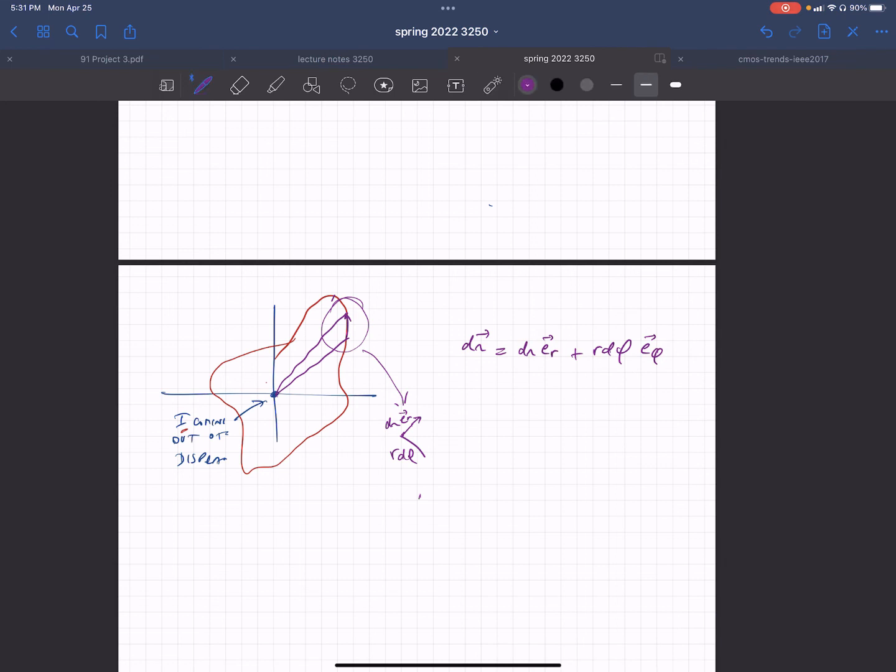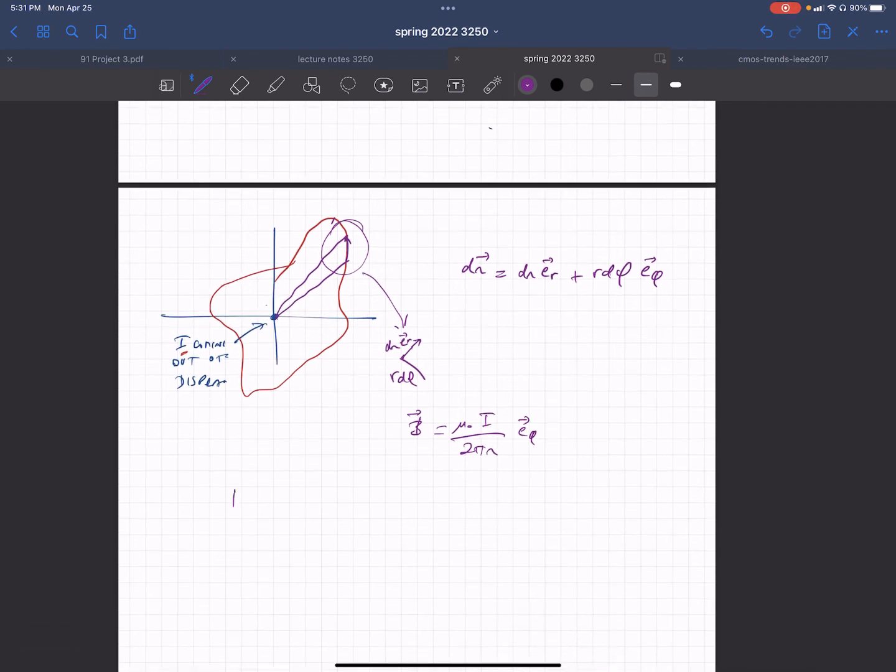And then B is equal to mu naught I over 2 pi r e sub phi. I'm putting this as the case because the magnetic field is just going to have an angular component.